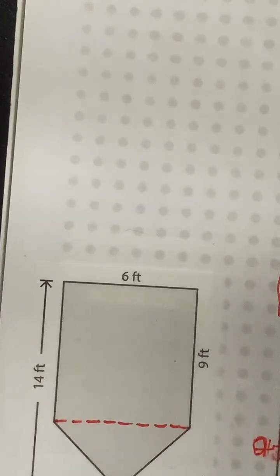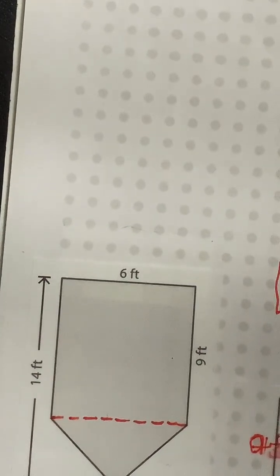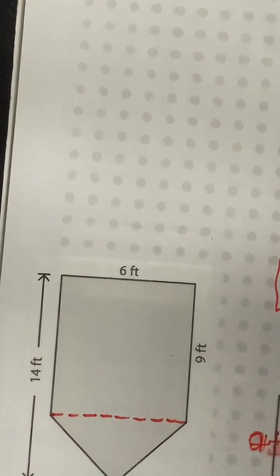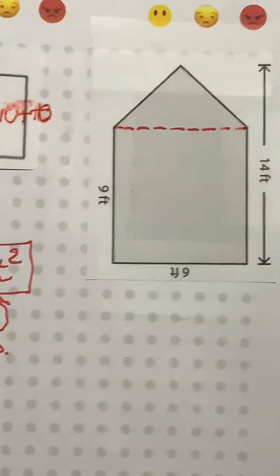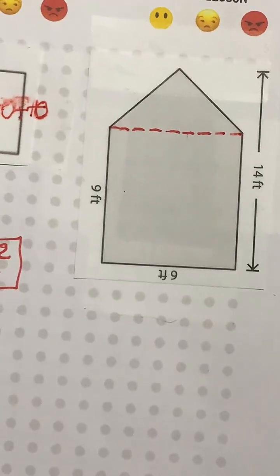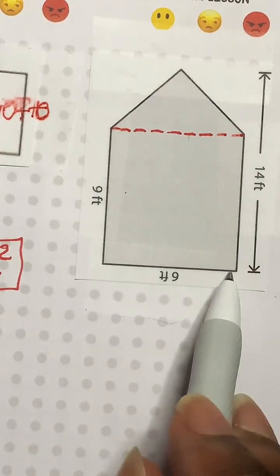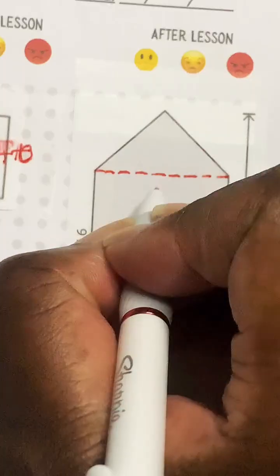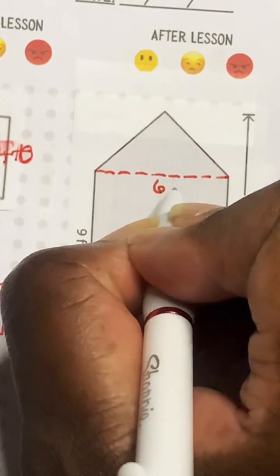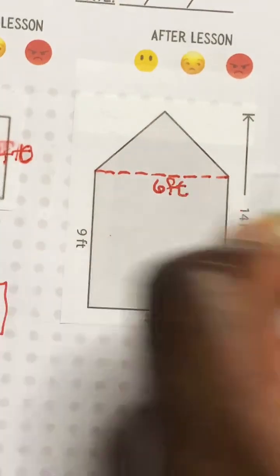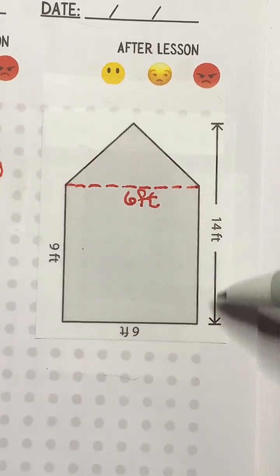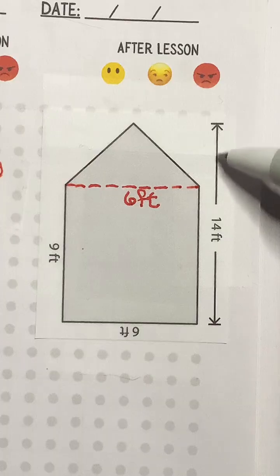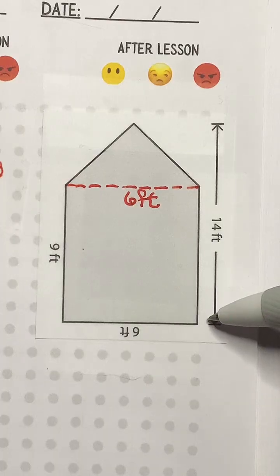Now that is telling me 6 feet. So 6 feet wide. We are not looking at a square, we're actually looking at a rectangle. Because if this is 6 feet, that means this down here is also going to be 6 feet. But they're also giving me the height of it. So the whole thing is going to be 14.